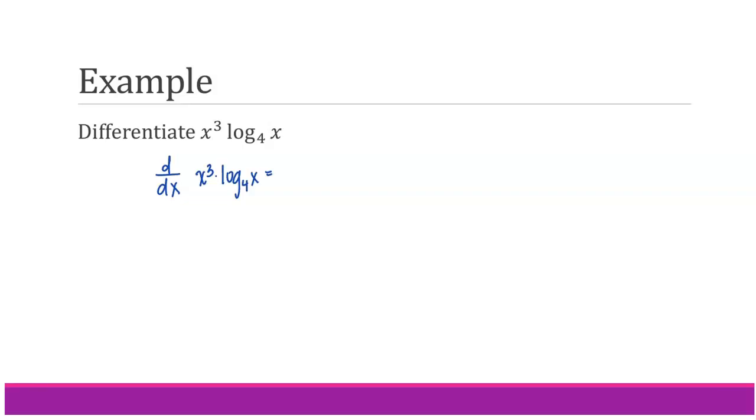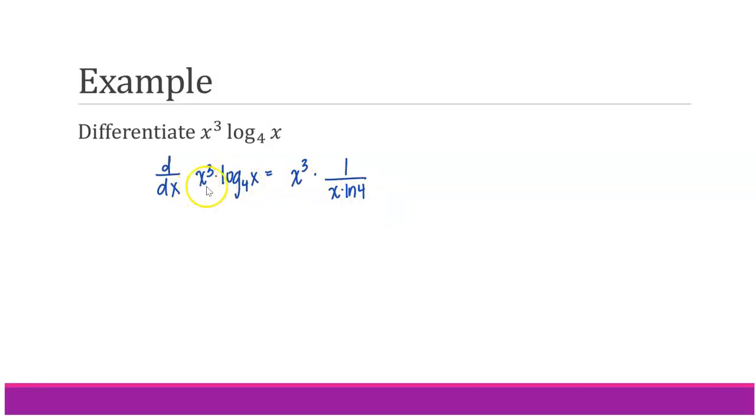I'm going to leave the first function alone, x cubed, times the derivative of the second function. We just learned the derivative of a general logarithm is 1 over x, and then we need to multiply by natural log of the base. In this example, the base is 4.